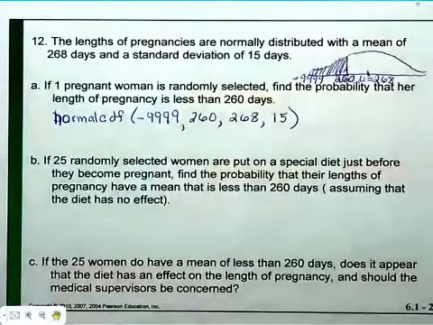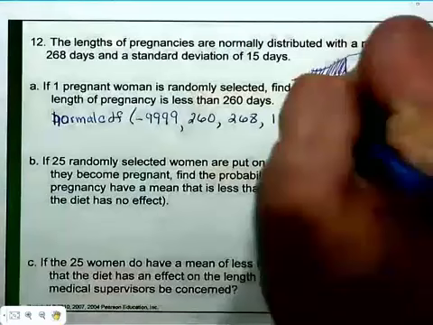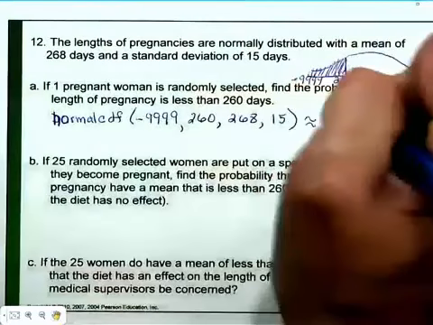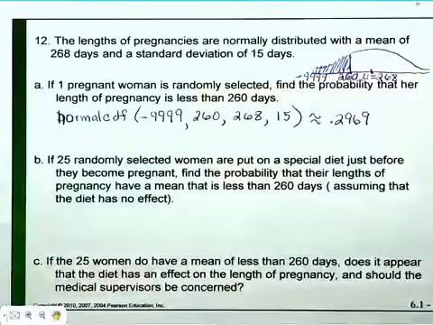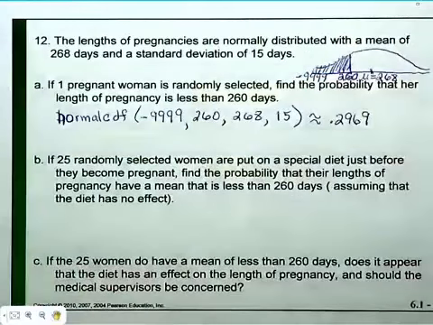I got that to be about 0.2969. Darn close to a 30% chance. About a third of babies are born a week early, and it's no big deal.